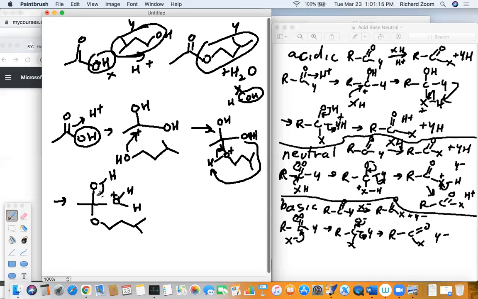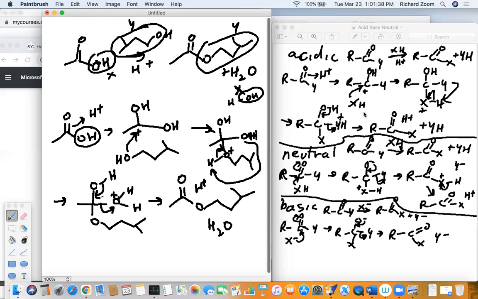So we can see that bond being lost there. After something gets protonated, it tends to leave. And when it leaves, we end up getting our product. And that's going to be H plus and H2O as well.